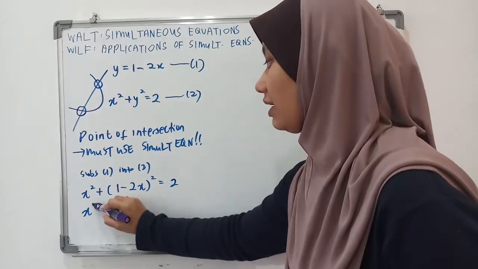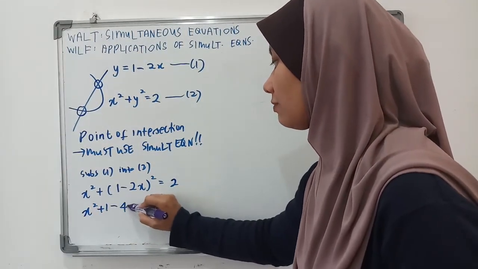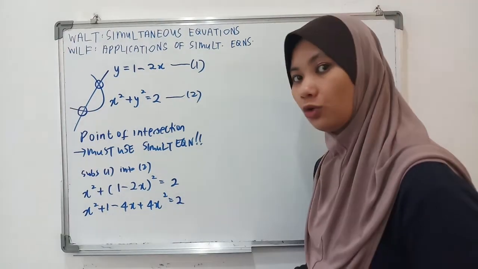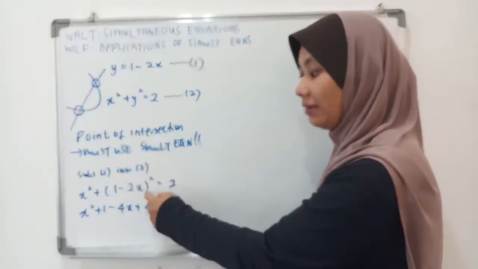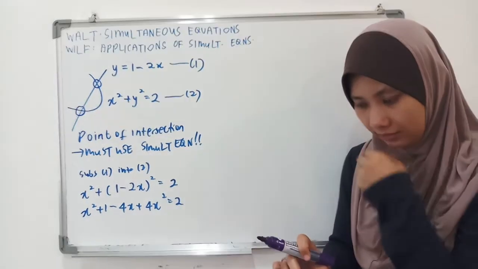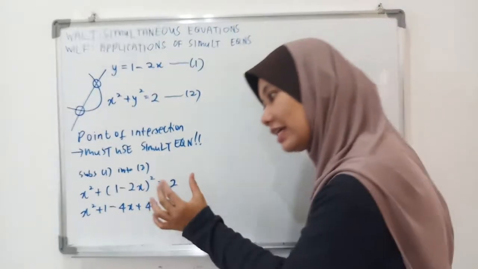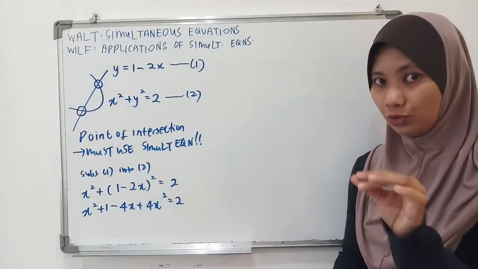Then I expand: x squared plus 1 minus 4x plus 4x squared equals 2. If you don't know the shortcut method to expand, it's okay. Do 2 brackets and then expand slowly.